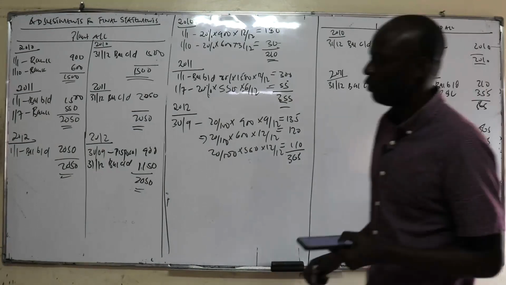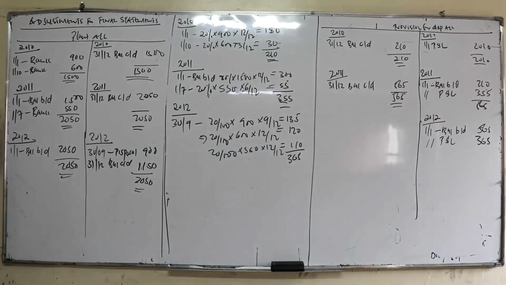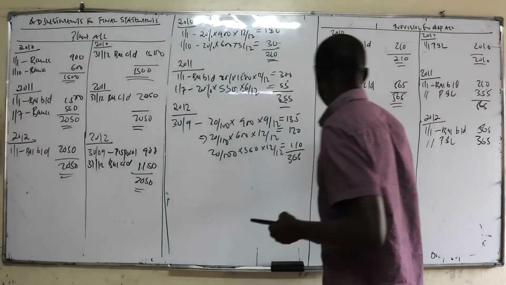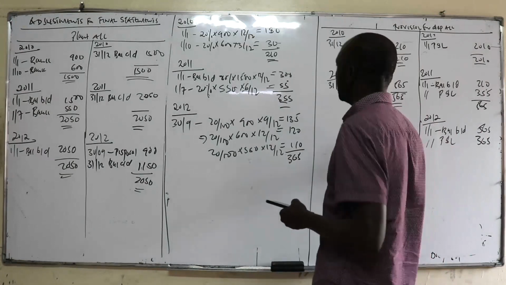Now, for the asset that was sold off, it's no longer there in the business. So we need to determine, for the period it has been in business, what is the total charge of depreciation for that particular period? And then we eliminate it. So it was this machine that was bought in January. In 2010, the charge was 180. It was there for the whole year.